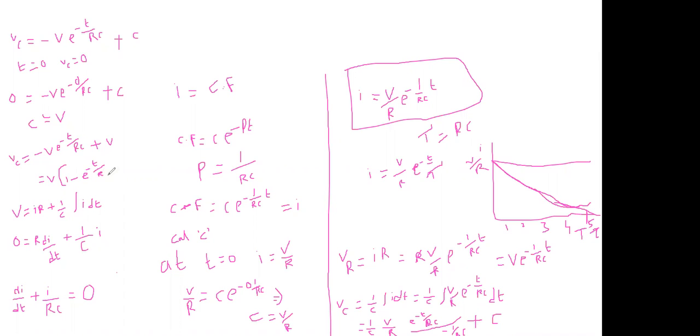This is the voltage across the capacitor, the DC response of the RC circuit: V into 1 minus e power minus t by RC. So is it clear?